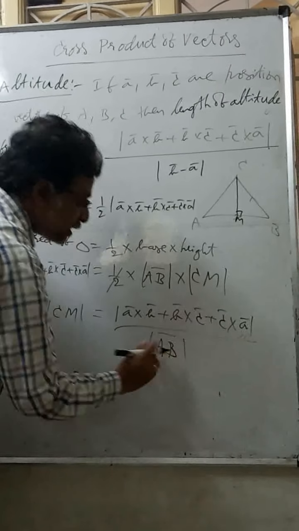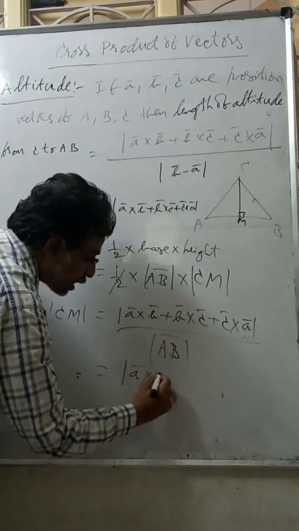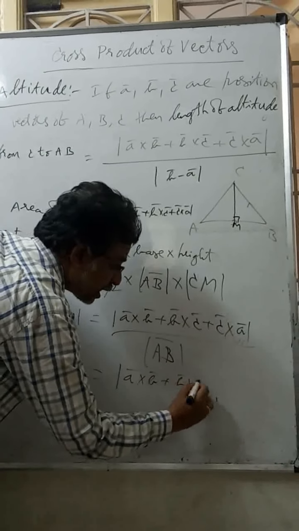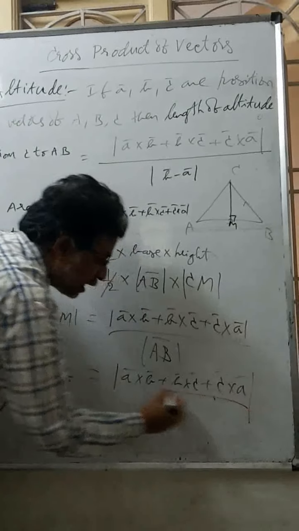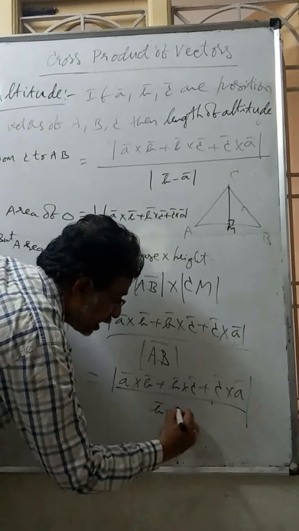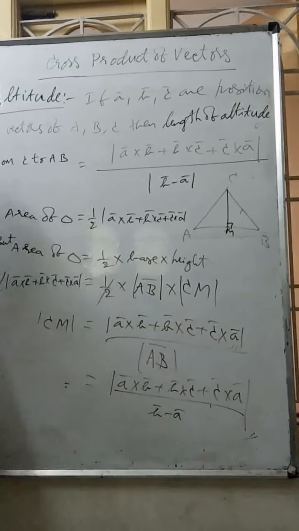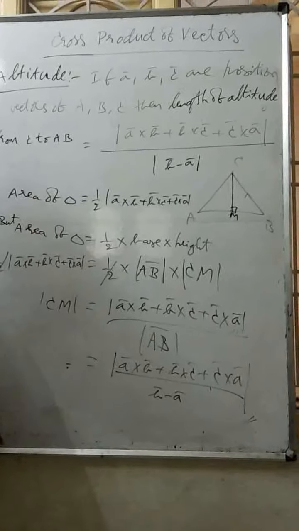But mod AB bar is nothing but OB bar minus OA bar, which means B bar minus A bar. So this is how we can find the altitude of the triangle if the three vertices are given.